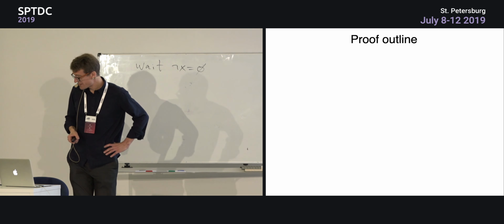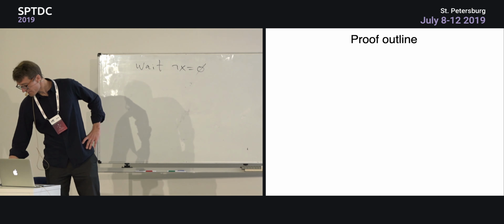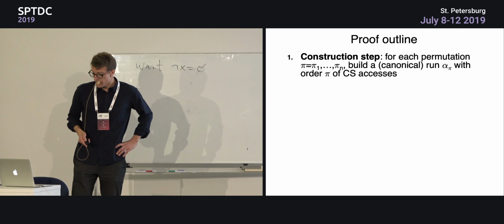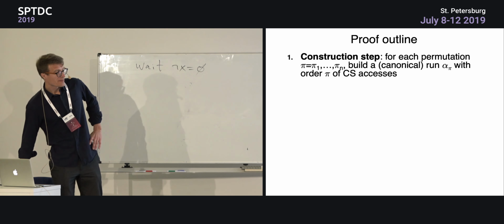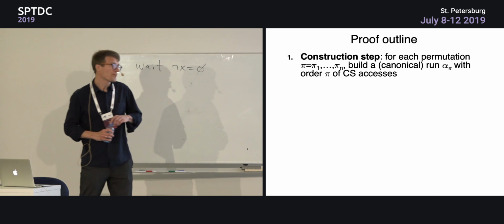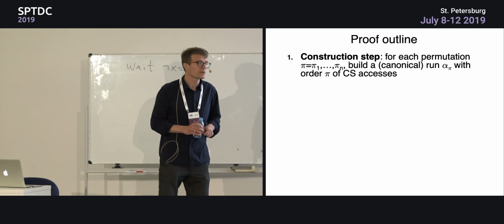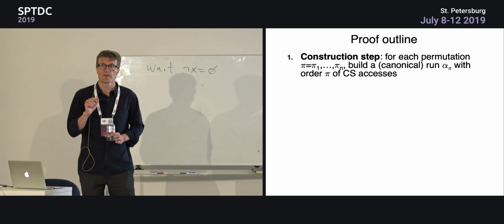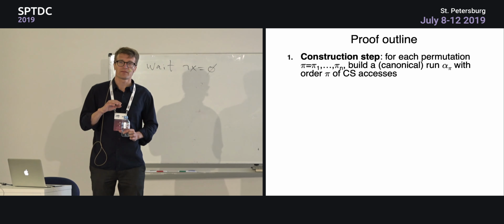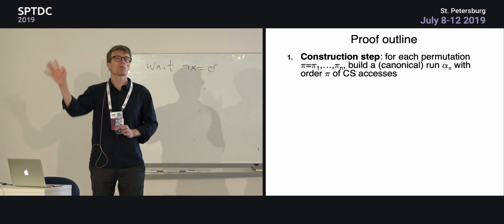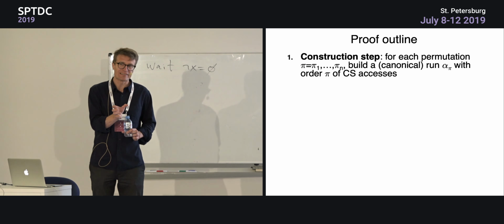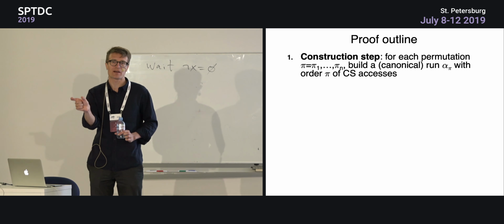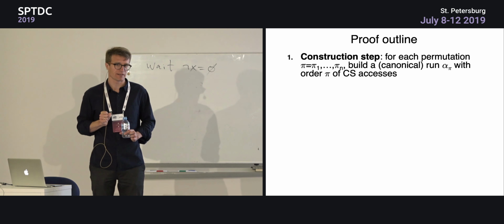Okay, so what is the outline for me? Well, the idea here is that you have three steps. The first step is you want to take the set of all possible executions of the algorithm and factor out some equivalence classes in this set.